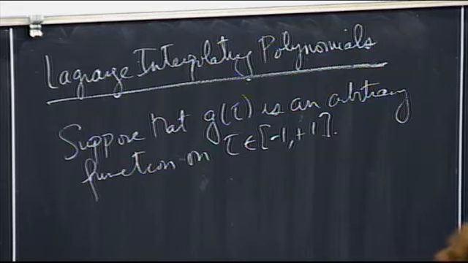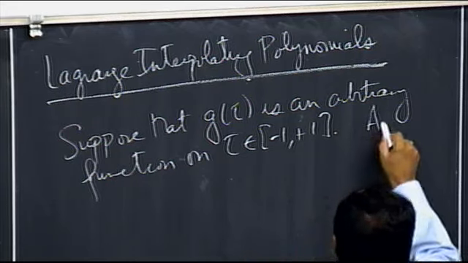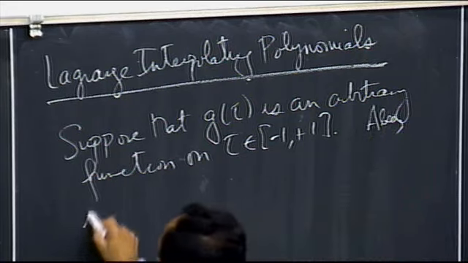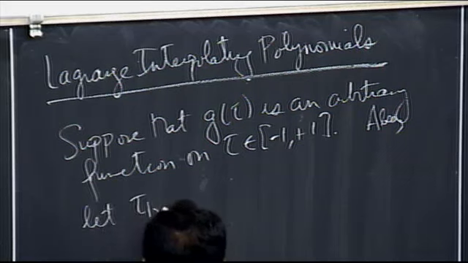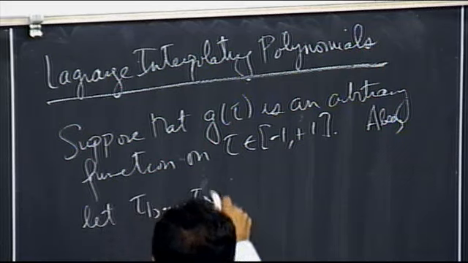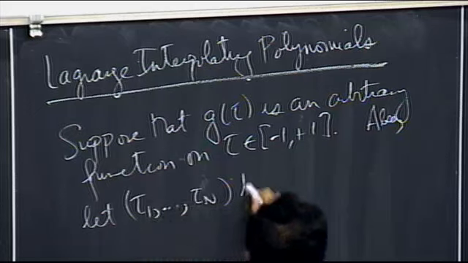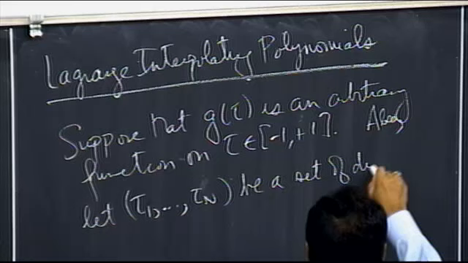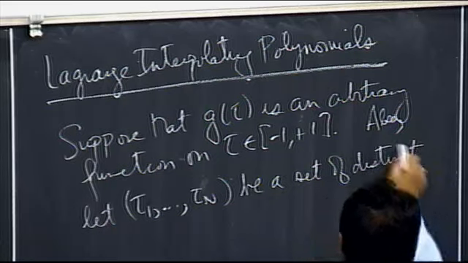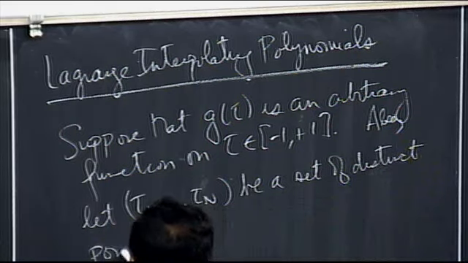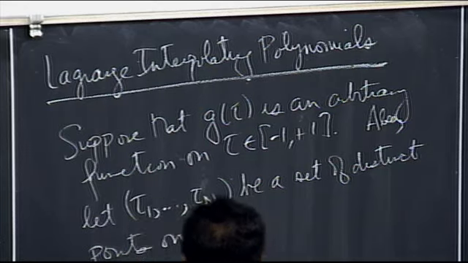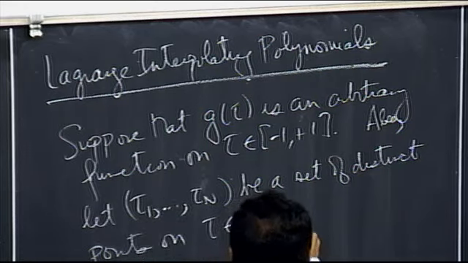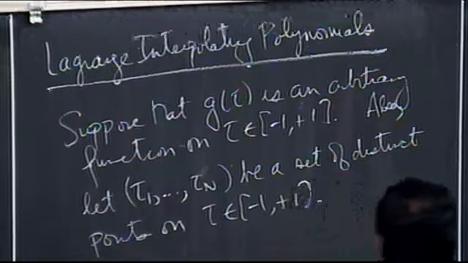And also, let tau 1 up to tau n be a set of distinct points on tau in minus 1 to plus 1, same interval. Okay?